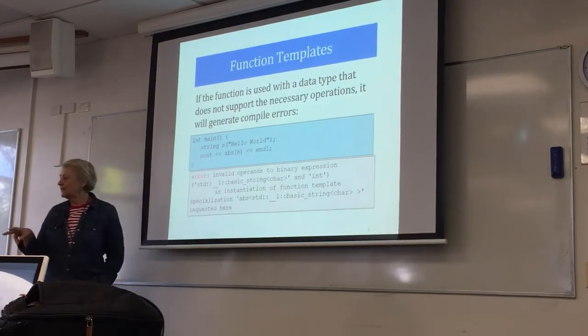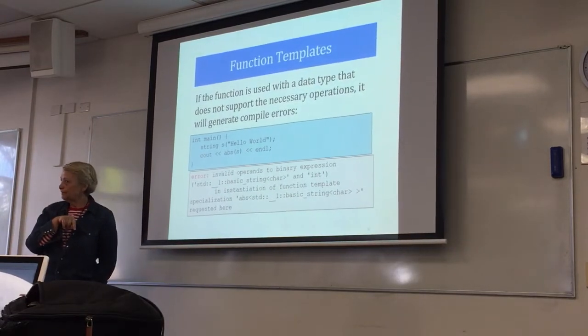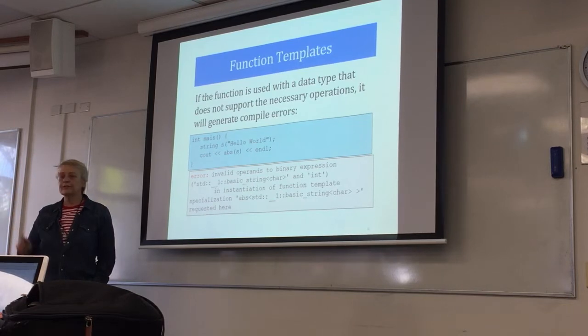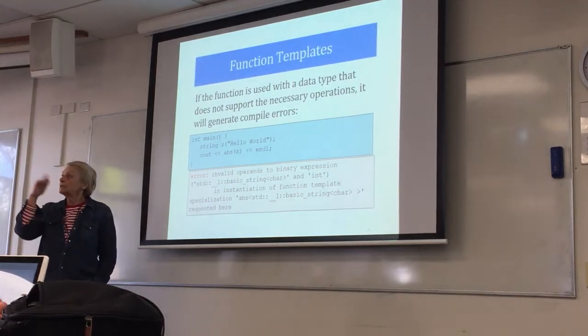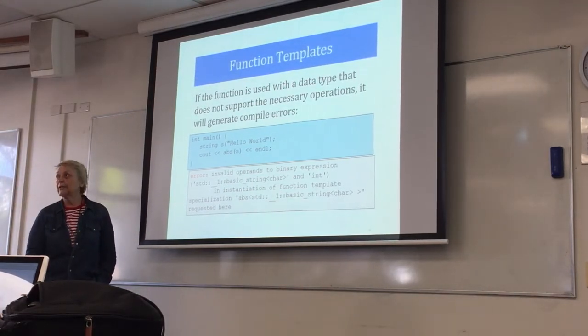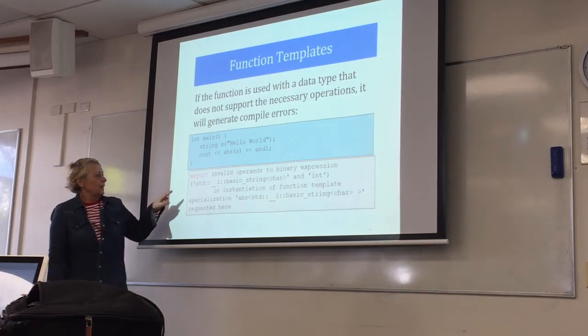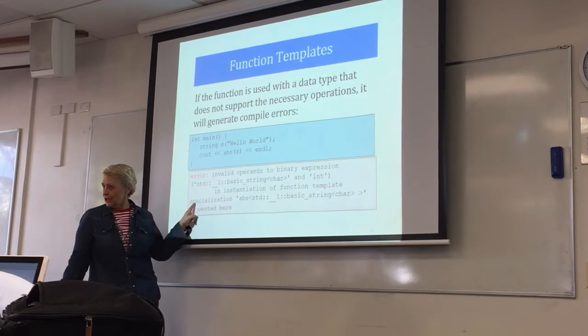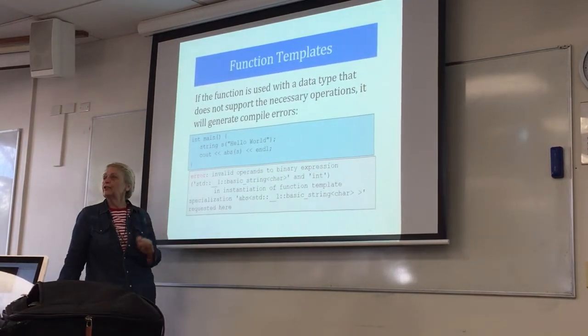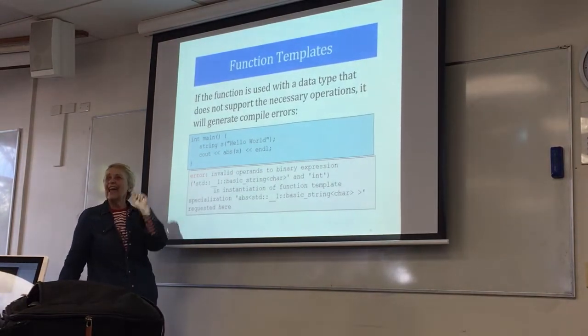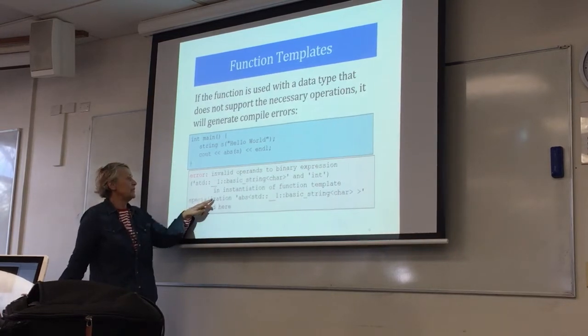So function templates are instantiated, which means the code is written and the types are checked. And we have implicit specialization like in here, and there is a possibility to have explicit specialization.